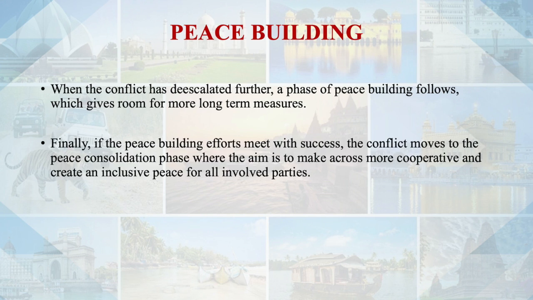Finally, if peace building efforts meet with success, the conflict moves to the peace consolidation phase, where the aim is to make the parties more cooperative and create an inclusive peace for all involved parties.